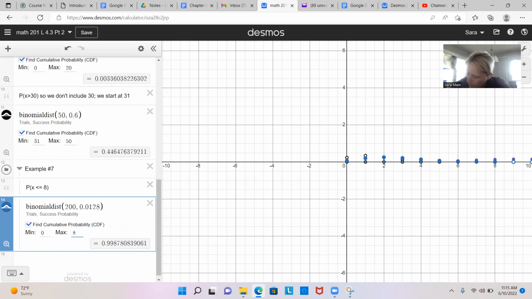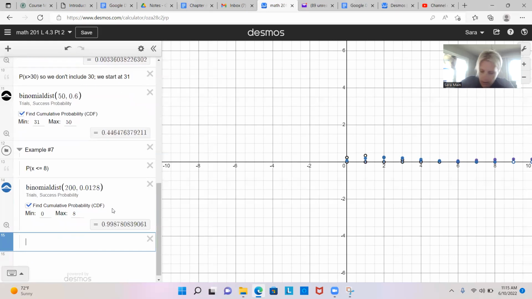So the probability is 0.9988 when rounded. So it's very likely that not more than 8 people are going to develop pancreatic cancer.